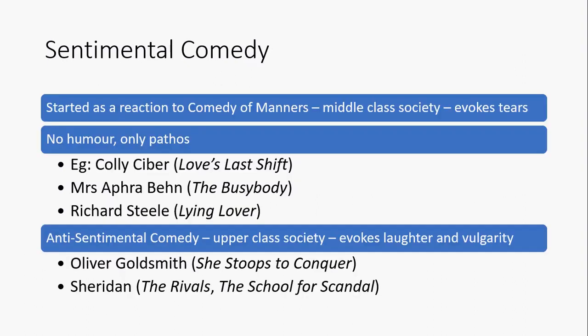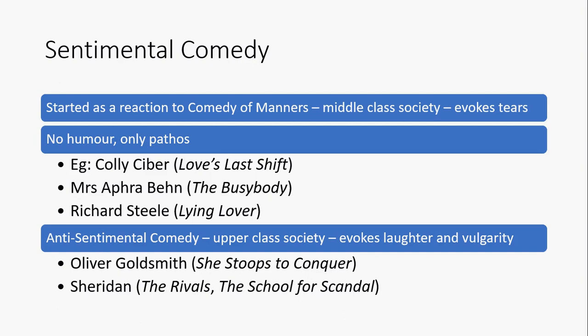Then in the 18th century, we looked at sentimental comedy. Sentimental comedy started as a reaction to the comedy of manners of the Restoration age. If you remember from the slide on the Restoration comedy of manners, I said that it generally dealt with the upper middle class or the upper class society.